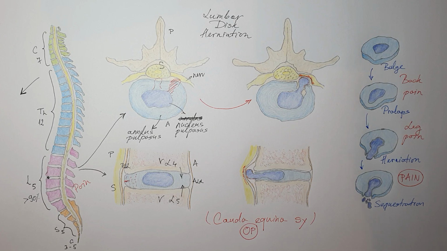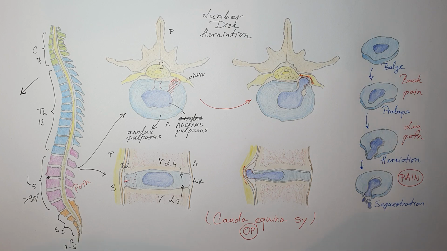You can feel the pain also in the hip area. So sometimes it is important to analyze other joints, for example, the sacroiliac joint or the hip joint, to see maybe they give the pain. Maybe there is coxarthrosis or degeneration of the hip joint.